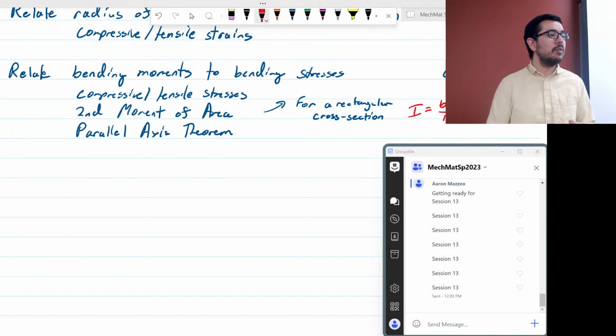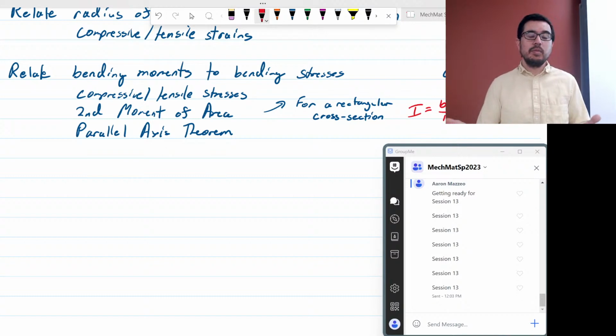That's one you want to put in your memory banks and on your sheet. As you walk around the world, you'll see there are beams everywhere. I is how much they resist bending moment to create either a stress or a strain. And I is bigger when the thickness is bigger, big time, because h is the thickness and that goes with the cube. Width is a linear increase.